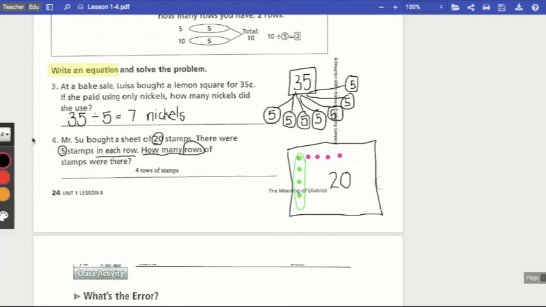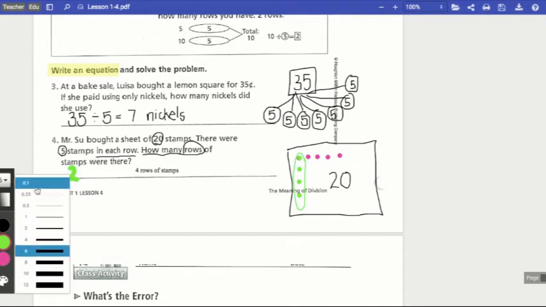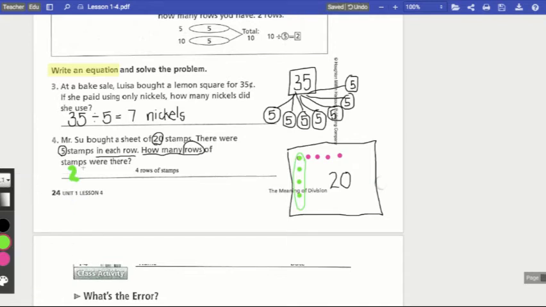I'll just write it for you like normal. Sorry, friends. Let's try this one more time. 20 was the total number of stamps that we bought. They were divided into rows of 5, and that equaled 4 rows of stamps we found with our green count bys.